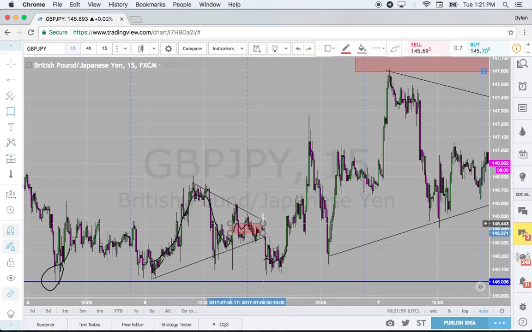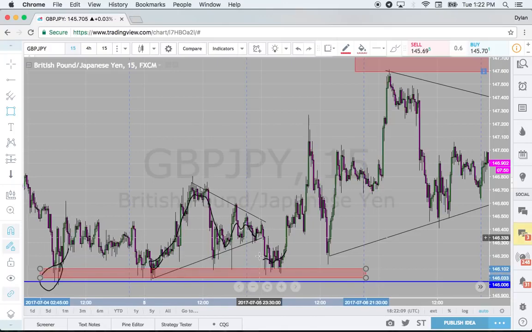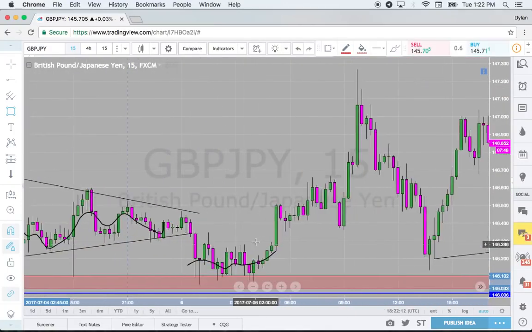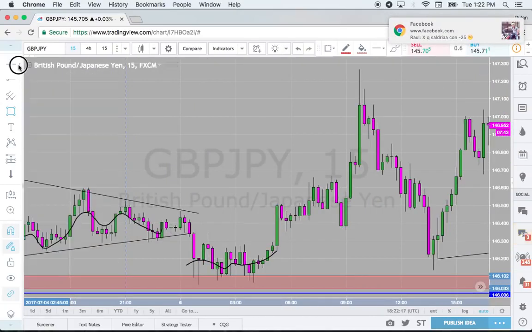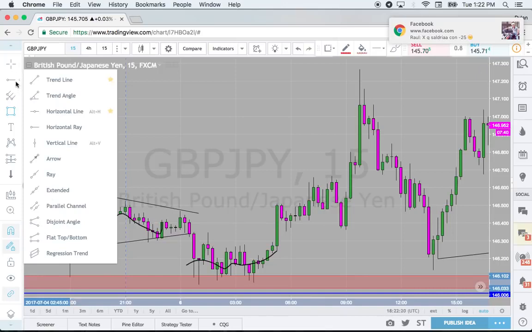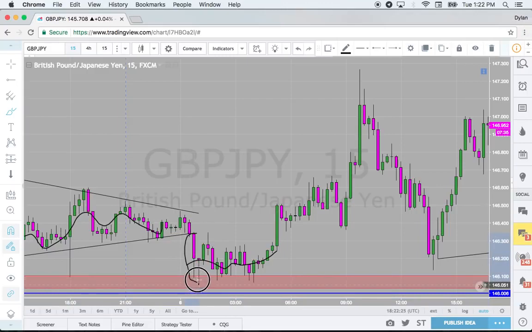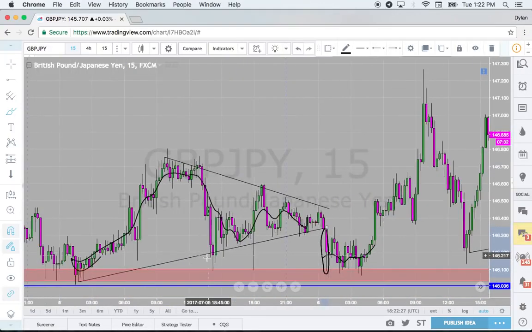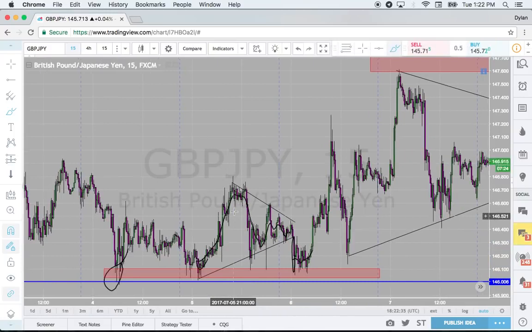So the consolidation period happened in Asian session, and then we can see it went back into that zone where they kept working. It stop hunted. One candle is all they needed to break out and then grab as many orders at that low of the day.